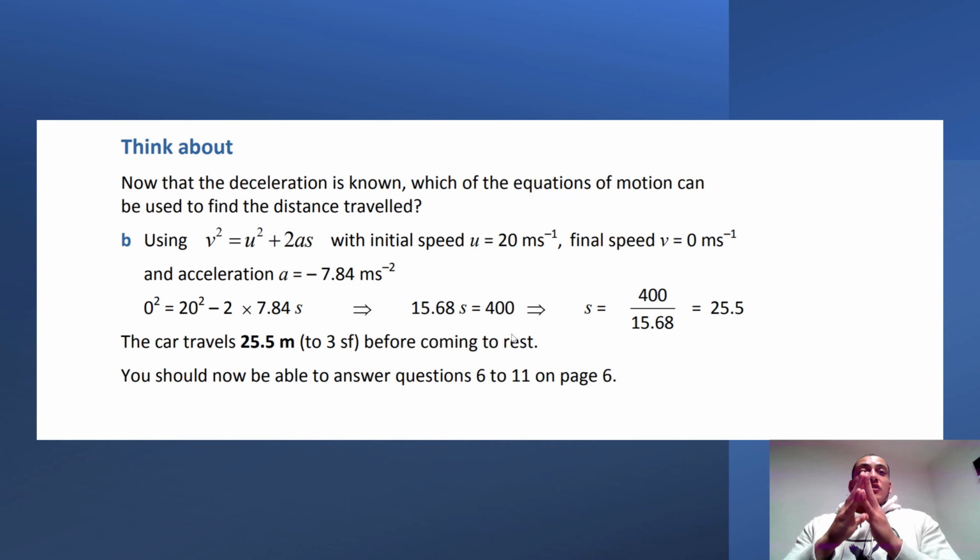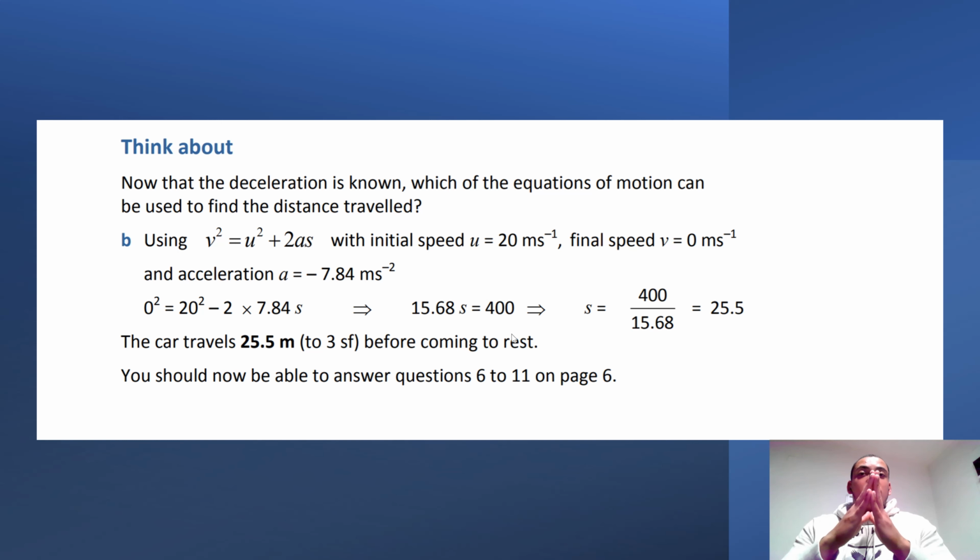So let's plug in the numbers. 0 squared, which is the final speed, because the question did specify that the car was brought to a stop, equals 20 squared, which is the initial speed, minus 2 multiplied by the deceleration, 7.84, multiplied by the variable s.